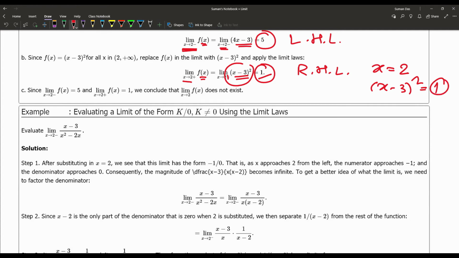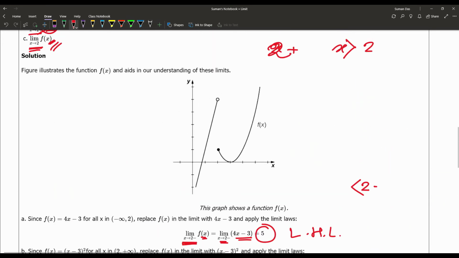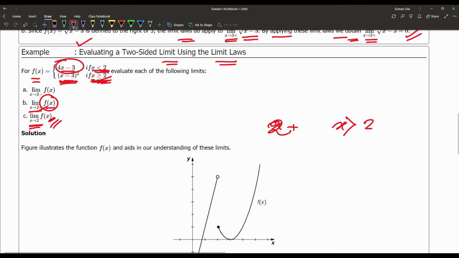But here we can say that the left hand limit is equal to 5 and the right hand limit is equal to 1. So we conclude that the limit as x tends to 2 of f(x) does not exist, because the left hand limit and right hand limit have different values.